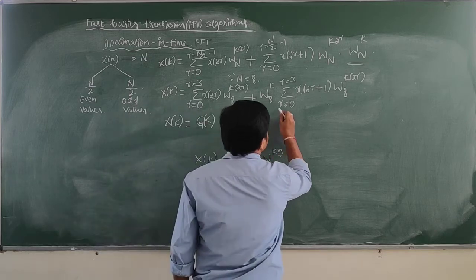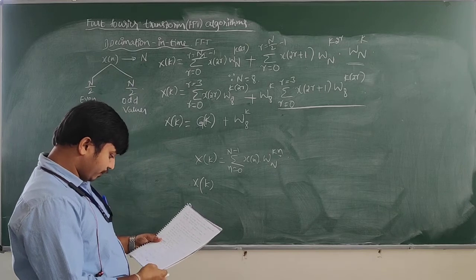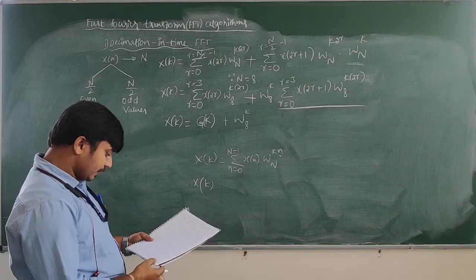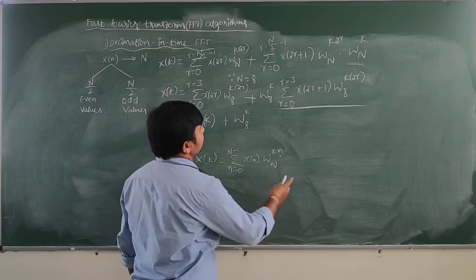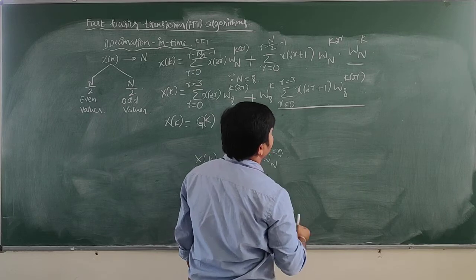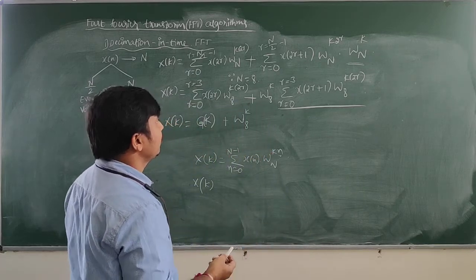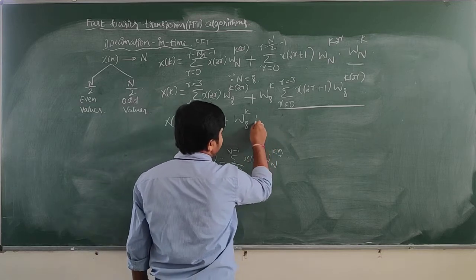So again compare this equation with the DFT equation. Okay. So in place of n we have 2r plus 1 and again 2r. Okay. So this is also similar to this DFT equation. So I call this as h of k.